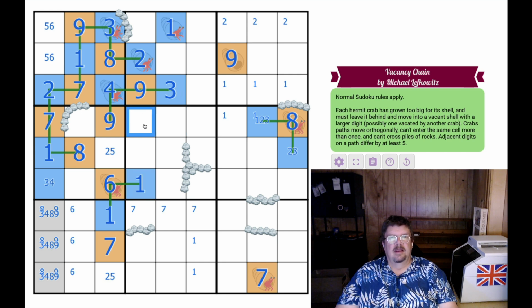How am I going to get down into this row? I need a 6. If the digit in this row that the path goes through is high, it needs to be a 6. It's possible, but difficult.